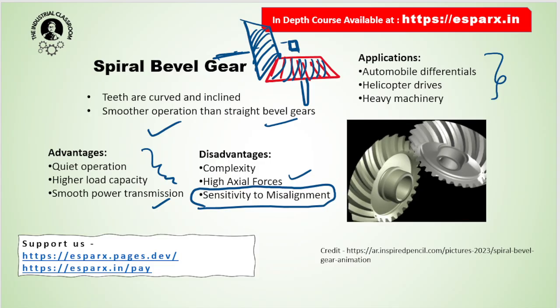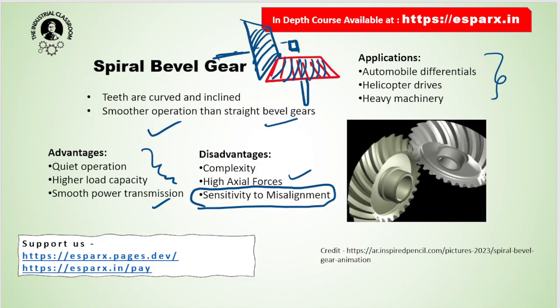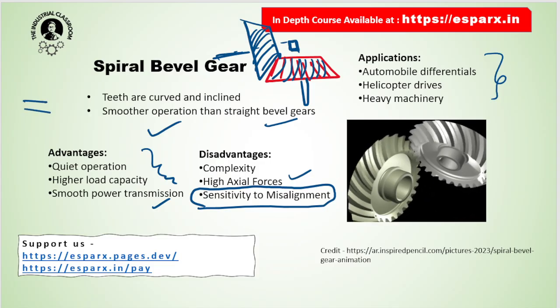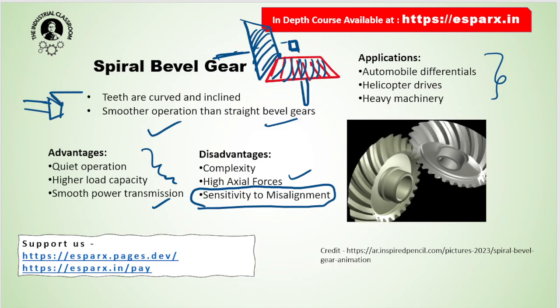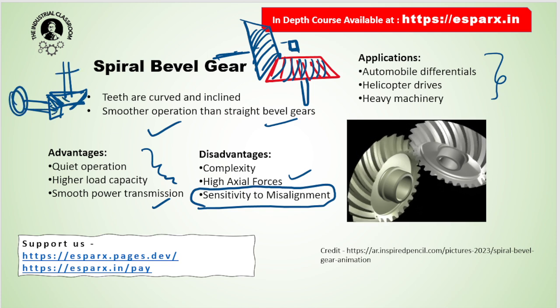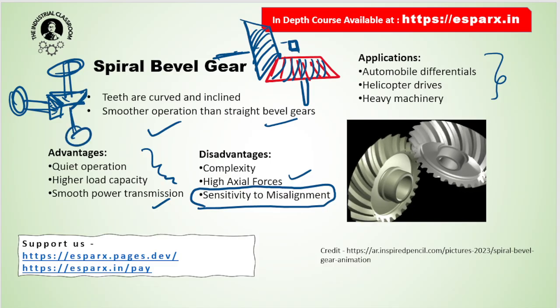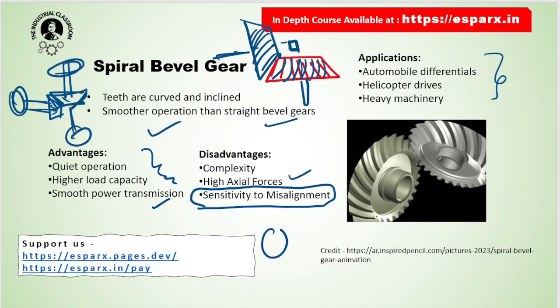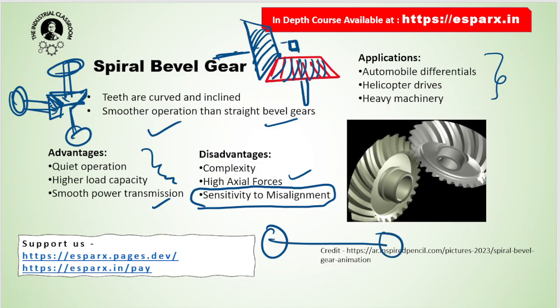It is used in automobile differentials. Remember, whenever there are trucks or differential gearboxes, we use this type of gear. See, from the steering it is coming here, and from this to the wheels. So at 90 degrees the power is transmitted.